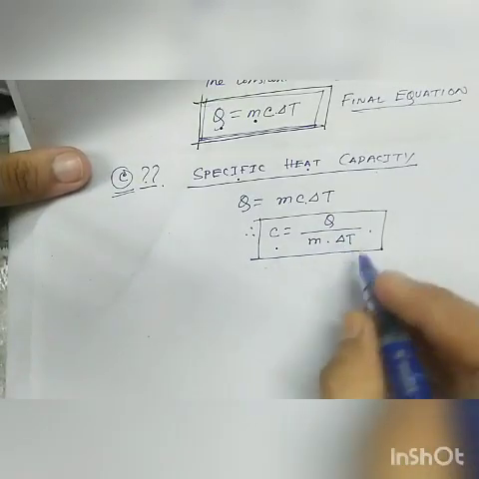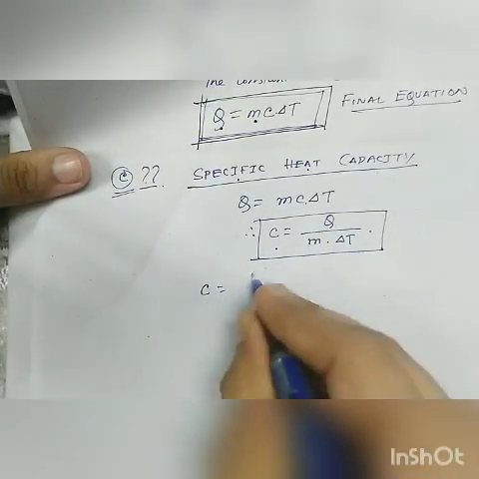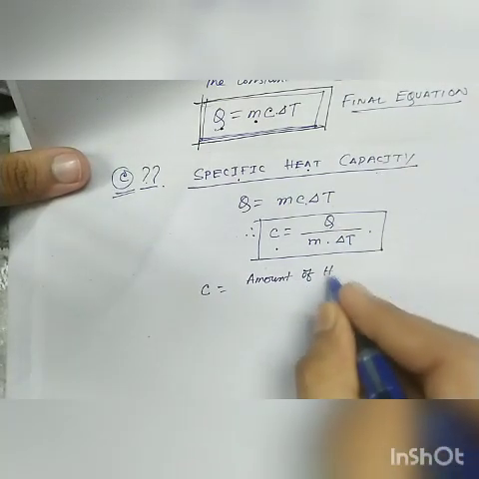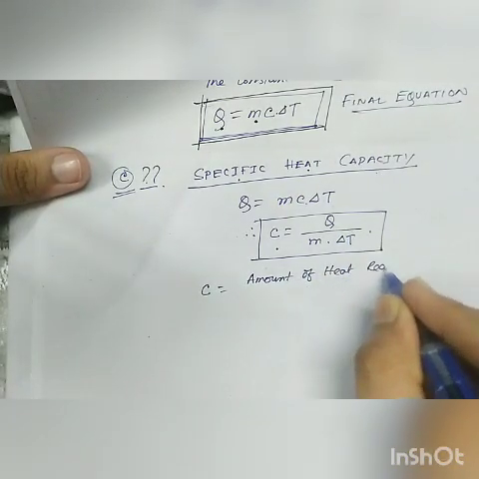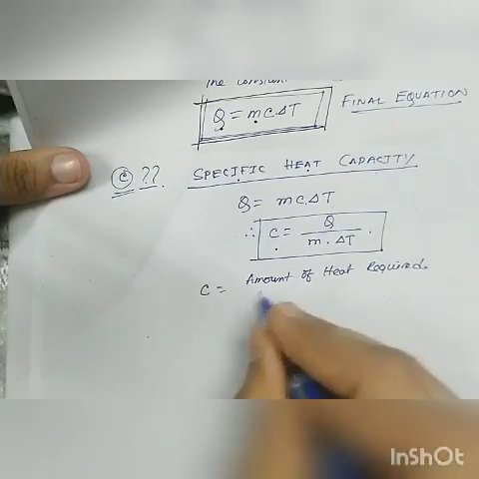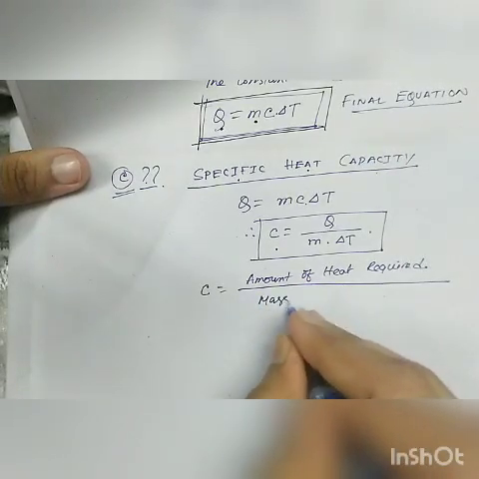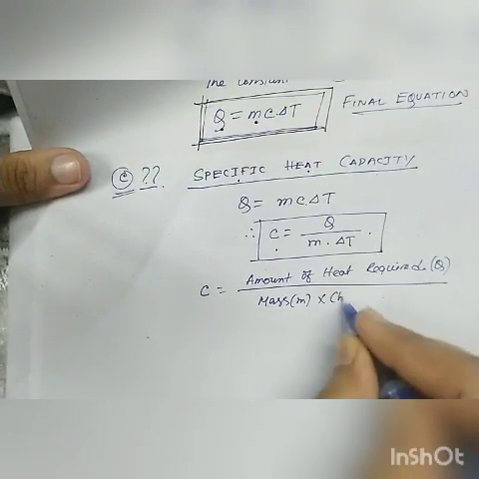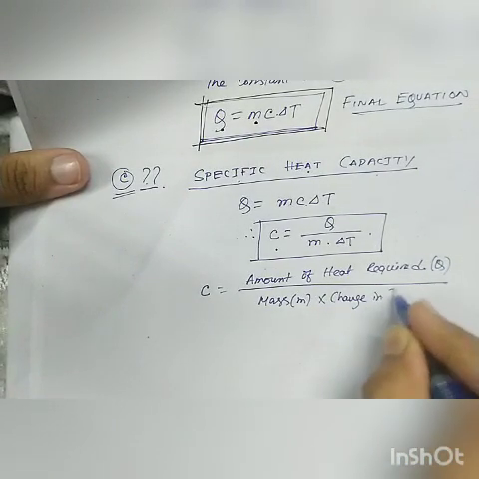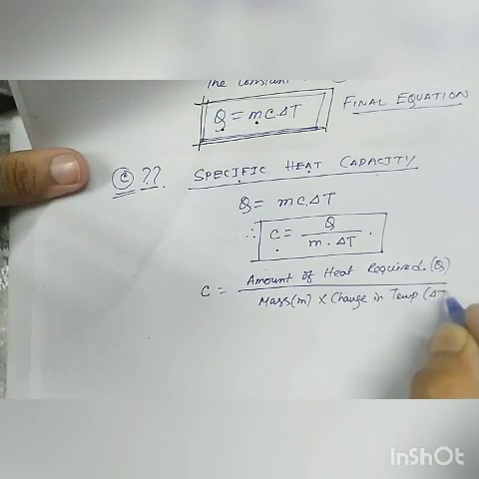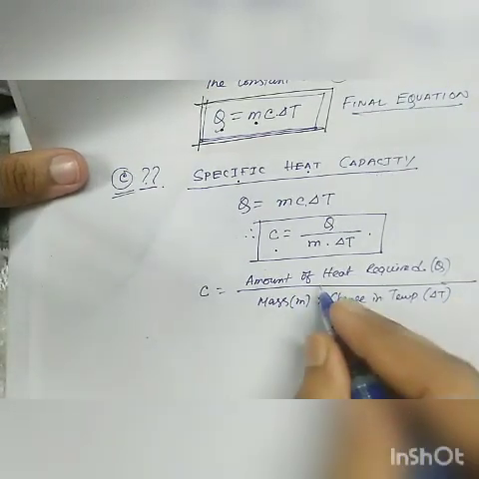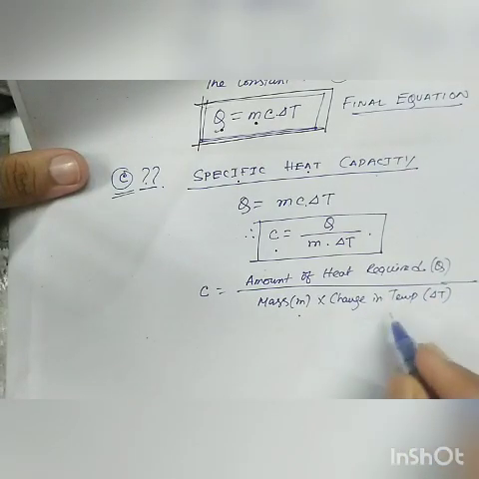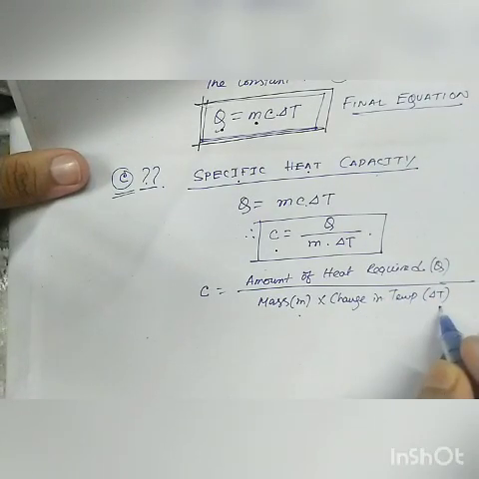Q is the amount of heat required by the mass M, into the change in temperature, that is delta T. So basically specific heat shows the amount of heat required per unit mass per unit temperature.